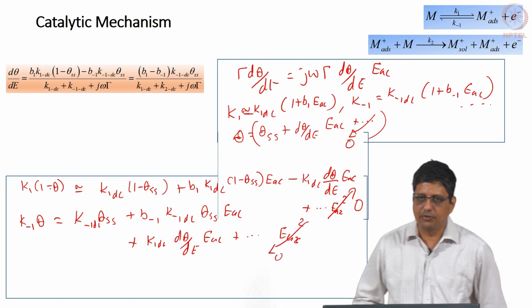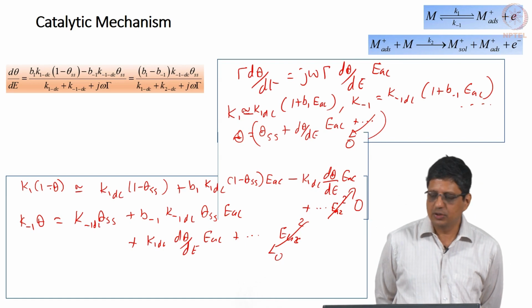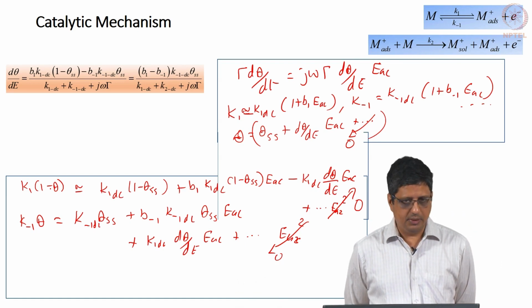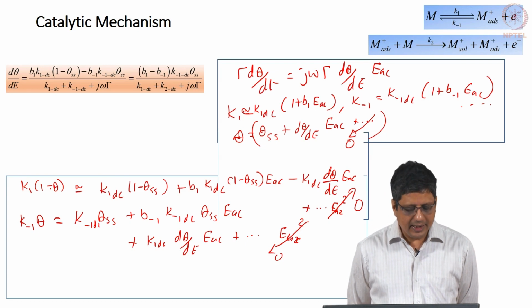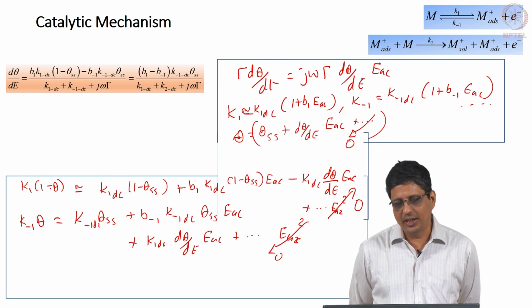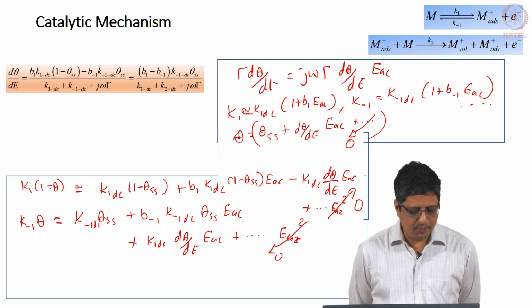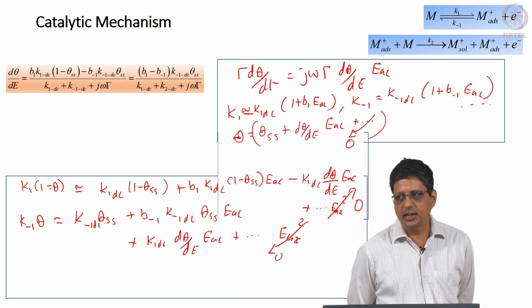So, you can write the expression for K1 times 1 minus theta, K minus 1 times theta, and on the right hand side substitute for both terms, then rearrange. It is going to take you a few minutes, but you can do that, and you should get an expression that is given here, as long as I have done that correctly.